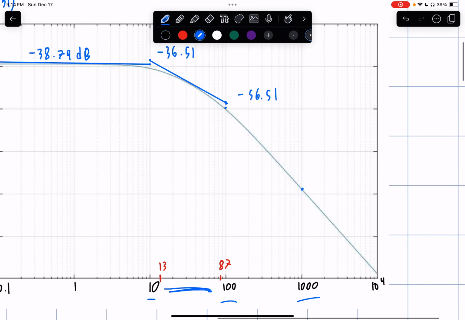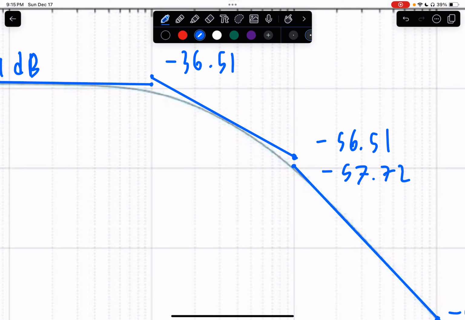Okay, and then these last two values, we only had two, so we'll just draw a line all the way to the end that connects the two of them. Okay, and then this value is negative 97.72, and this one was negative 57.72. And so you can see they're not quite perfectly overlapping, so I'm going to cross that line a little more.